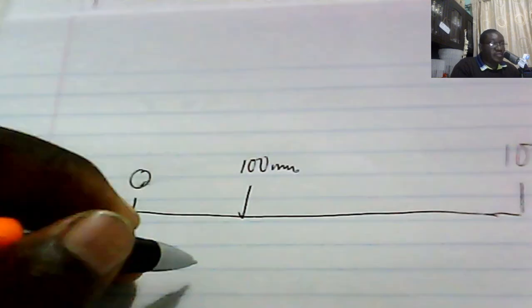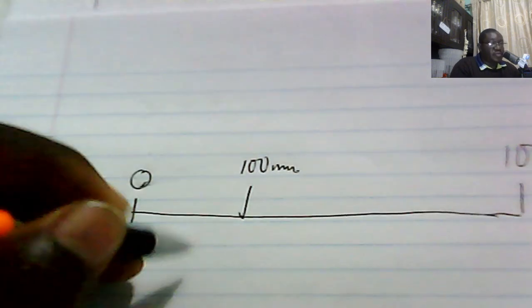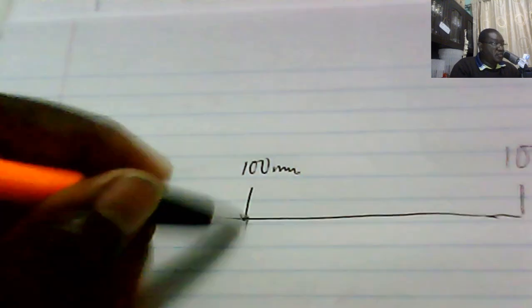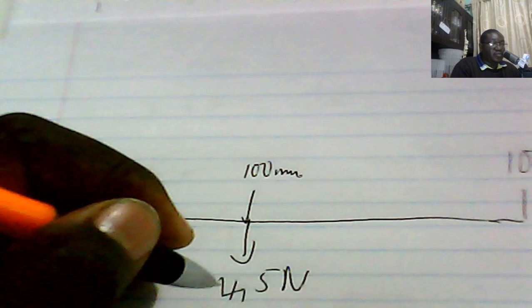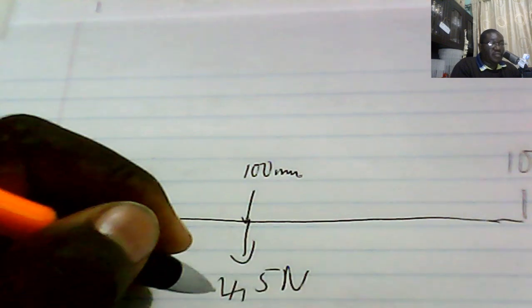It supports a weight of 4.5 newtons at the 100 millimeter mark. The rule balances horizontally on a knife edge at the 340 millimeter mark, so 340 millimeters will be there.